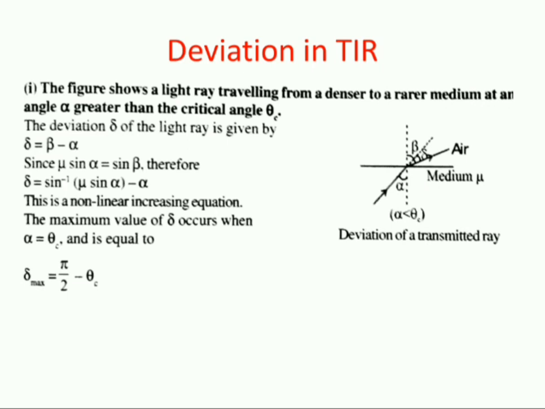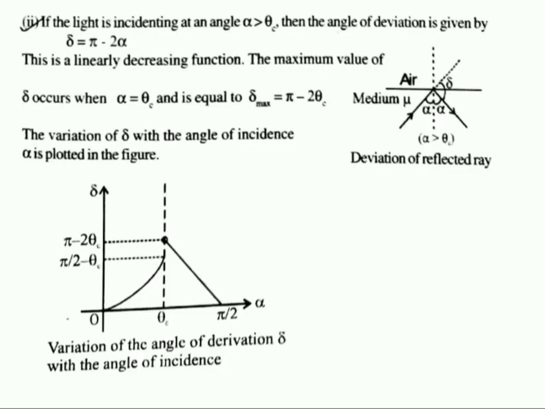And for any angle greater than the critical angle, the light ray is going to come back to the same medium. Since it is undergoing total internal reflection, look at the graphical variation now. How is the angle of deviation varying with alpha? Because after total internal reflection, it obeys the laws of reflection, not the laws of refraction. So look at the graph.